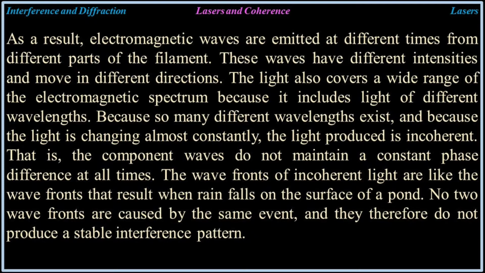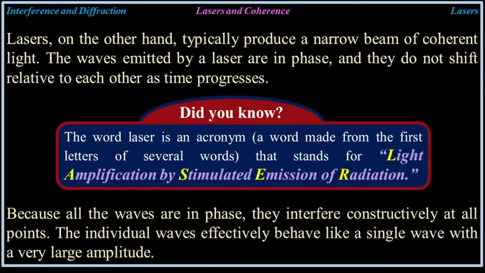The wave fronts of incoherent light are like the wave fronts that result when rain falls on the surface of a pond. No two wave fronts are caused by the same event, and they therefore do not produce a stable interference pattern. Lasers, on the other hand, typically produce a narrow beam of coherent light.